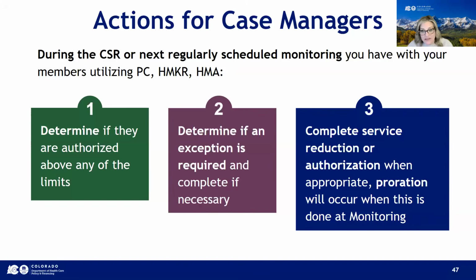At a monitoring visit, if the member's receiving any of those services above the annual service caps, you are going to need to complete a new updated direct care service calculator to determine appropriate service authorization, reduce the services in their service plan and care plan to below the service caps, or submit an exceptions request when appropriate.